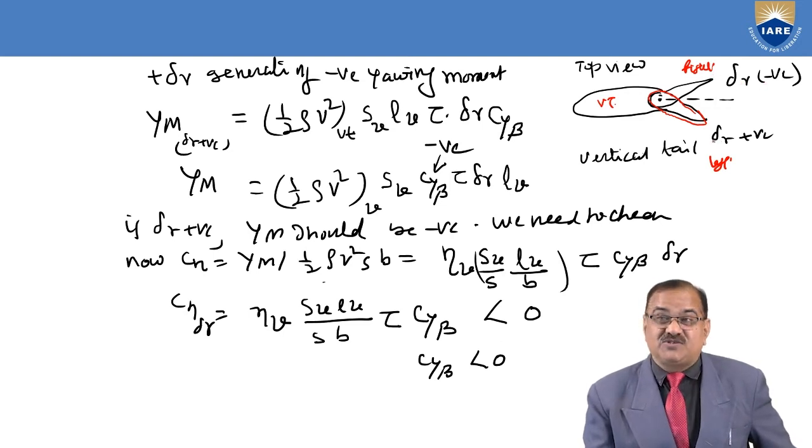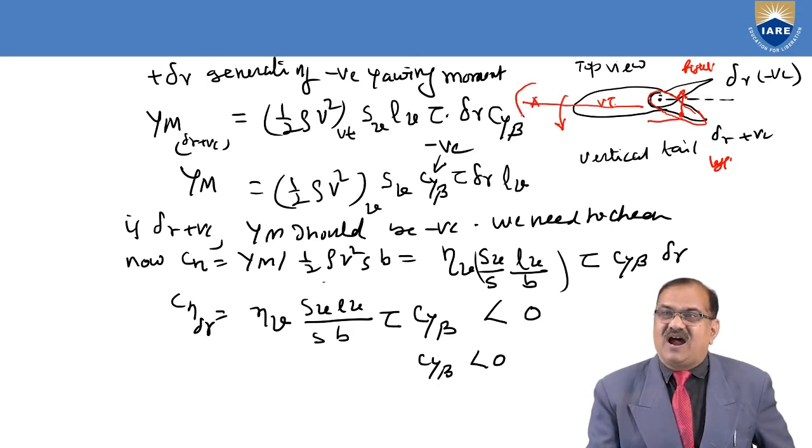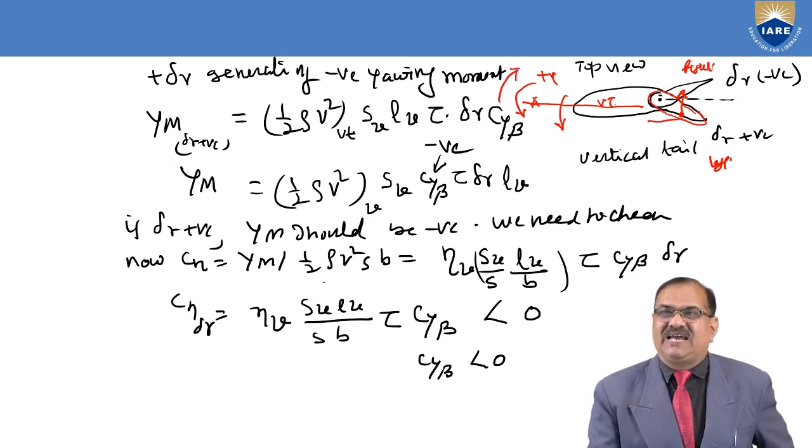So if positive, what happens? If you put it this side, a force will act like this, and the tail will move in this direction. Here is the CG, and your aircraft will move in this way. If it is positive, meaning left, it will move with the nose towards the left. If it is the right, your aircraft will move in the other direction.